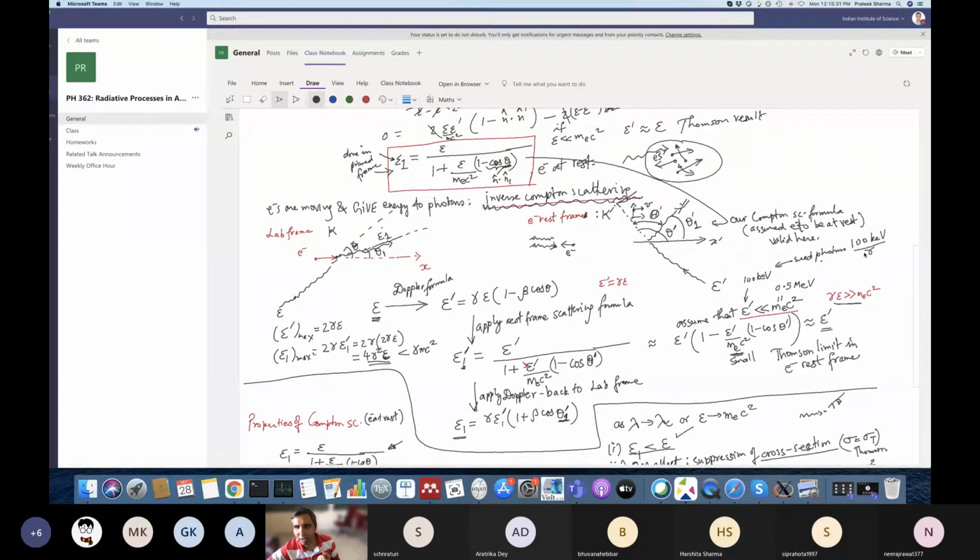So for example, you can have optical photons, and even with a very large gamma of 10 to the 5, you are still in the Thomson regime in the electron rest frame. So this assumption is pretty valid in a lot of cases. Okay.